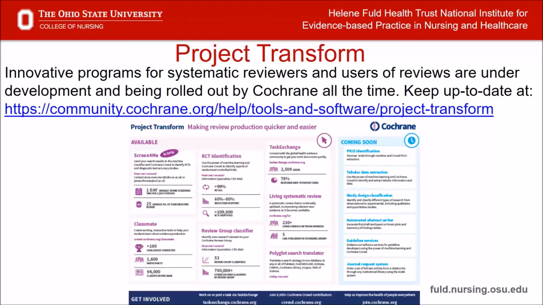For example, the one that's in the middle there called Task Exchange. For people who, say, are doing a Cochrane systematic review, and let's say they have identified a large number of abstracts and need some help with others screening those abstracts to identify the relevant articles to be reviewed, somebody can put in a request there for assistance.